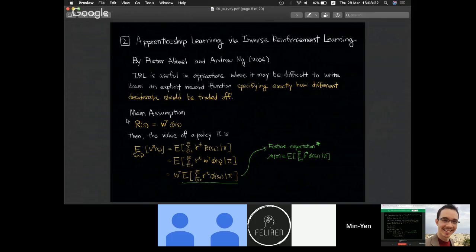And I'm just going to substitute in this perhaps learned network that is going to learn the reward function. I'm going to put it here. And then I can factor the weights out of the expectation, right? So then I can use the feature expectation in this form.